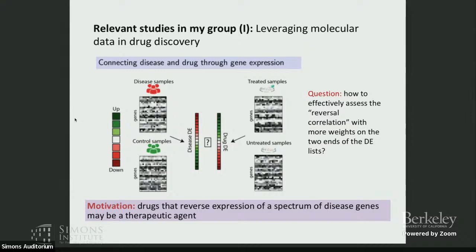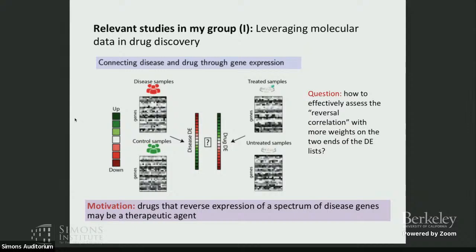So basically, drugs that reverse expression of a spectrum of disease genes may be therapeutic agents. Under this motivation, there have been efforts to find ways to detect this kind of reversal correlation between these differential expression lists.